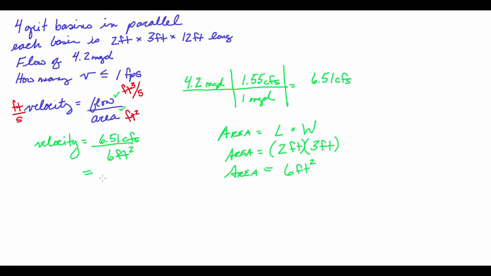And so the velocity comes up at 1.085 feet per second, which is slightly more than 1. So if we want the velocity to be less than or equal to 1 foot per second, how many grit basins? 2. Yes, we need 2 basins in service.